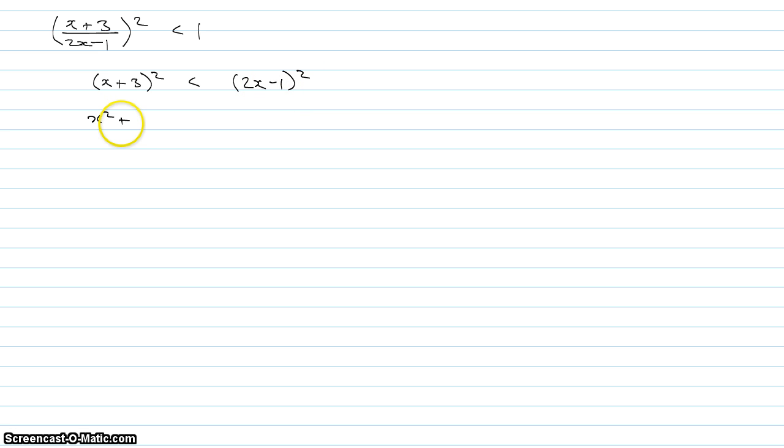x squared plus 6x plus 9 is less than 4x squared take 4x plus 1. Let's move everything to one side of the equation. I get 0 is less than 3x squared take 10x minus 8.